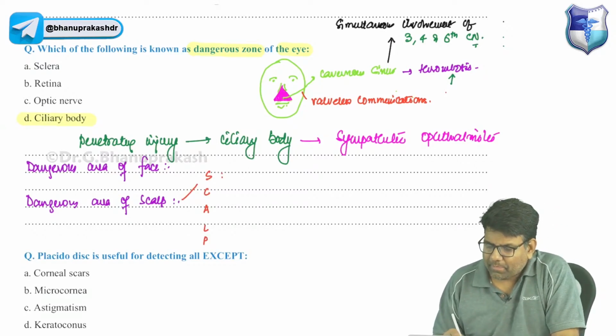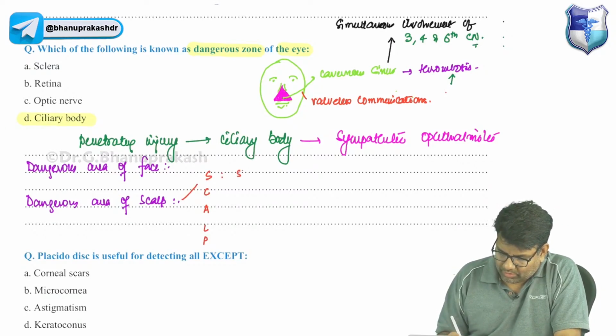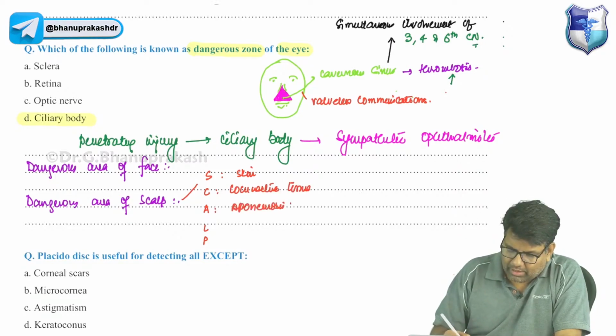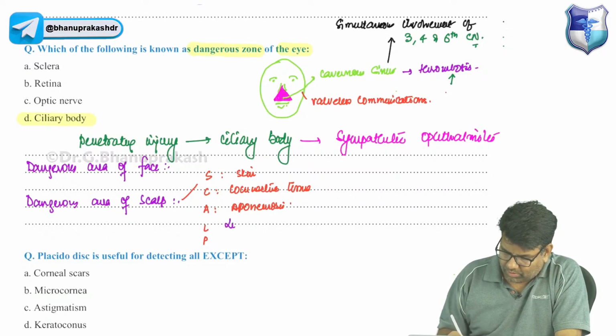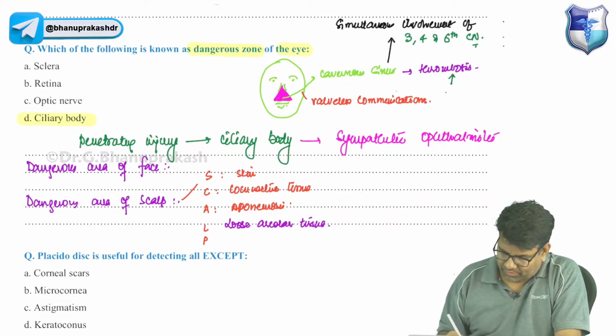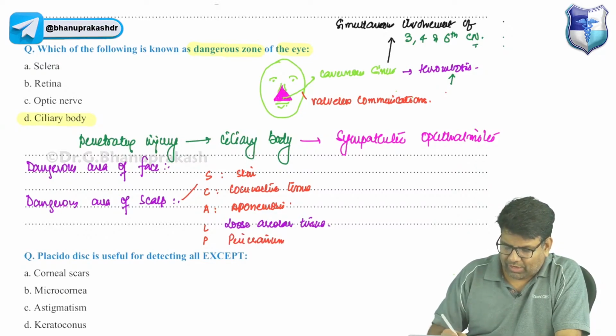S is for skin, C is for connective tissue, A is for aponeurosis, and L is for loose areolar tissue, and of course the 5th one is, yes Raghu, perfect, pericranium, or you can also write periosteum, right? So these are the 5 layers.